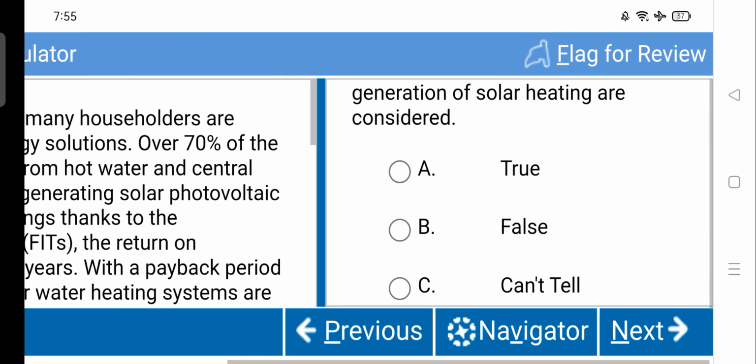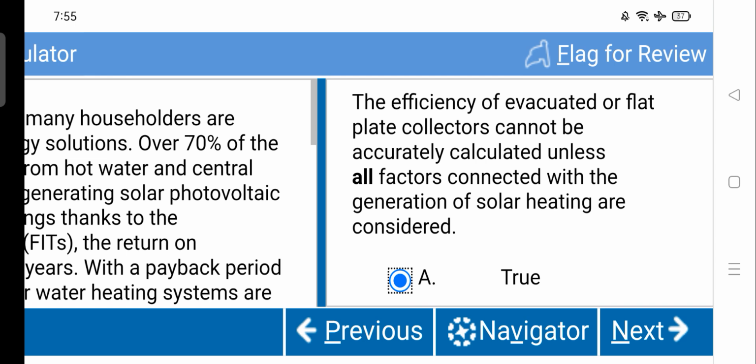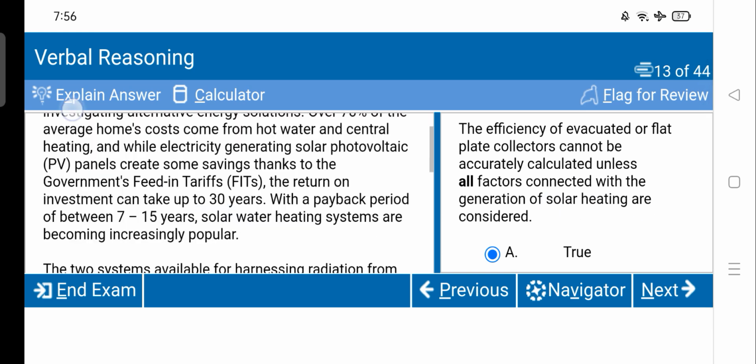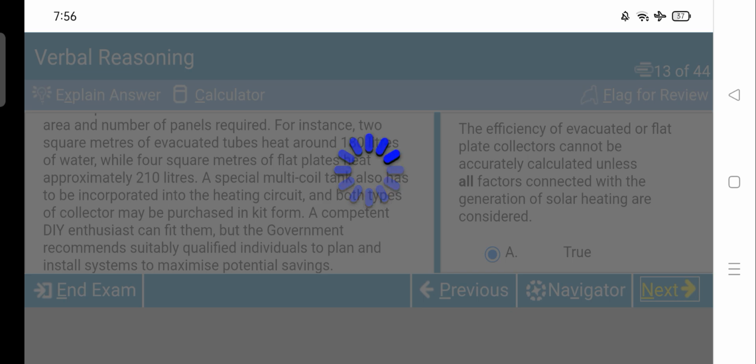So that's why option A, which is true, is the correct option for this question. That the efficiency of evacuated or flat plate collectors cannot be accurately calculated unless all factors connected with the generation of solar heating are considered. True.